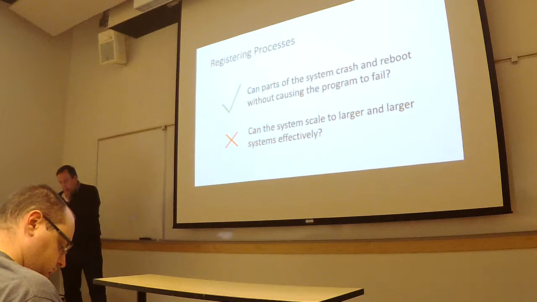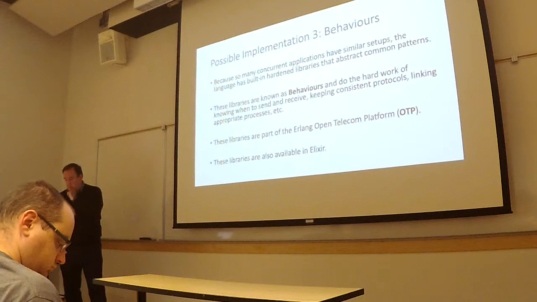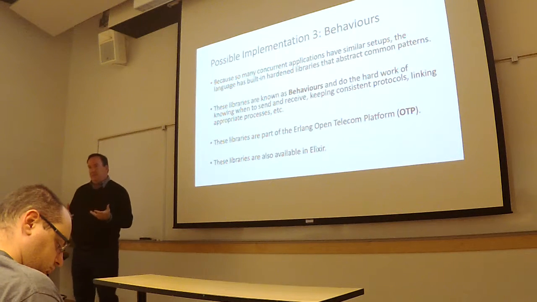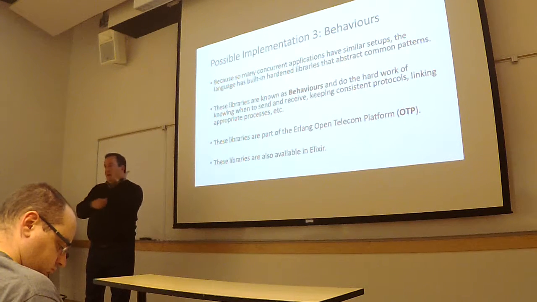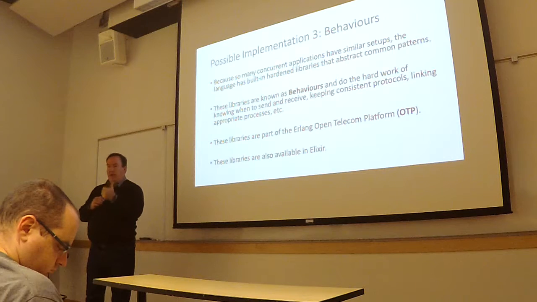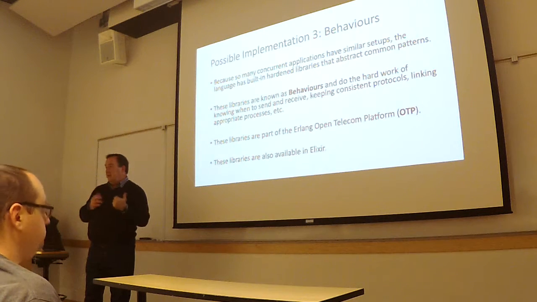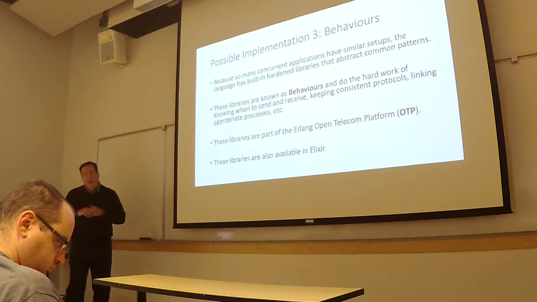To do this, we're now actually going to start using OTP, the Open Telecom Platform. It bakes into the system a lot of these kinds of things. So for the process registry, it will actually maintain a separate process that is a server for monitoring names and so on.